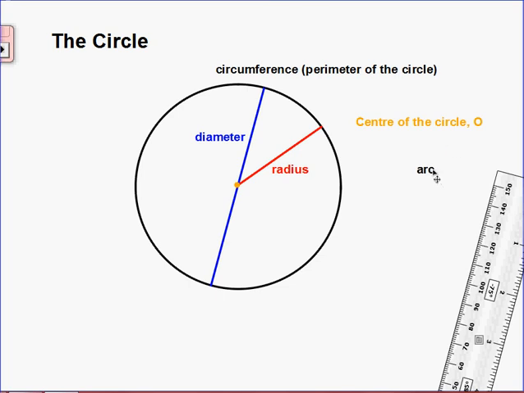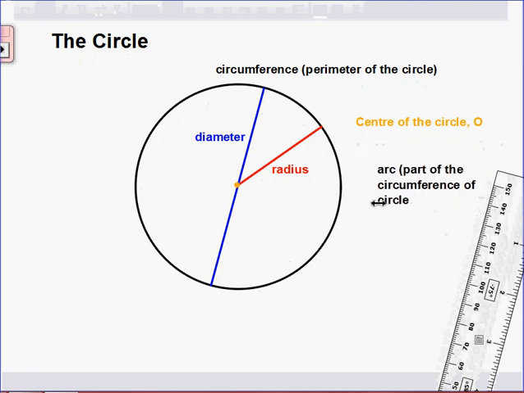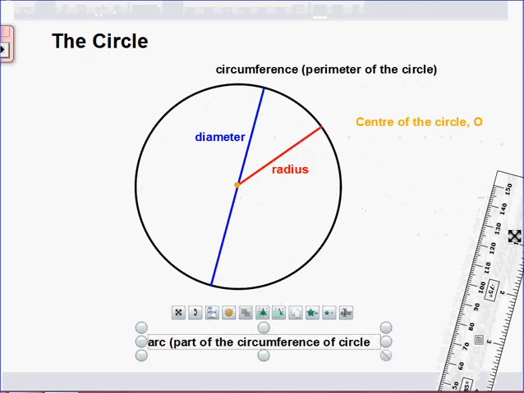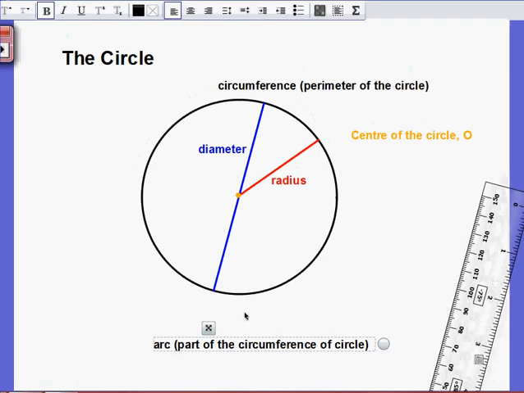An arc of a circle is part of the circumference of the circle. Alright, so what is an arc?